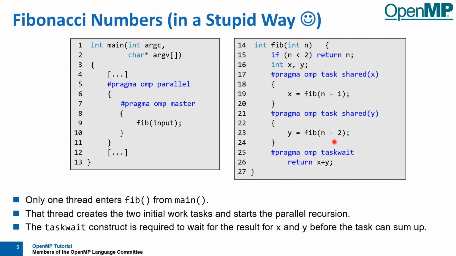And so what we also have to do, and that's also very idiomatic, is that down here we want to use x and y. So we have to do a taskwait and make the task that kicked off that level of the recursion for n minus 1 and n minus 2 wait until the two child tasks are actually coming back, so that we know that down here, x and y are ready in terms of the result.